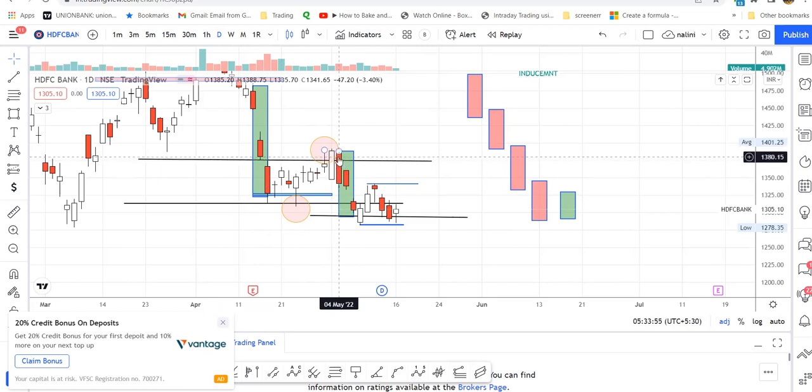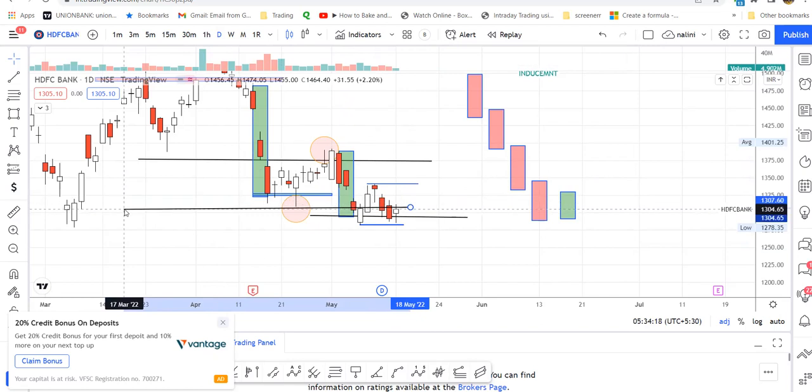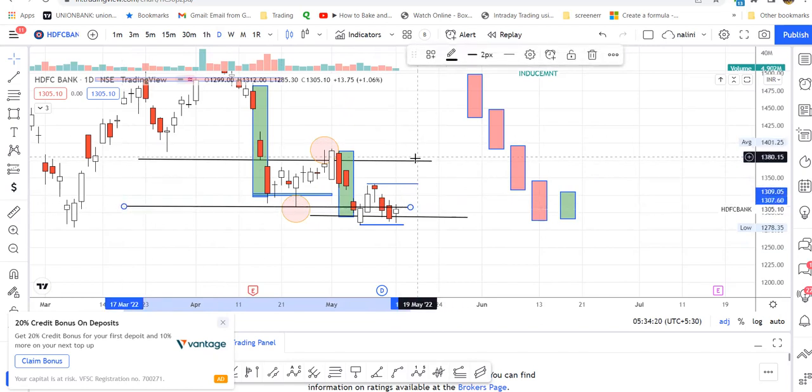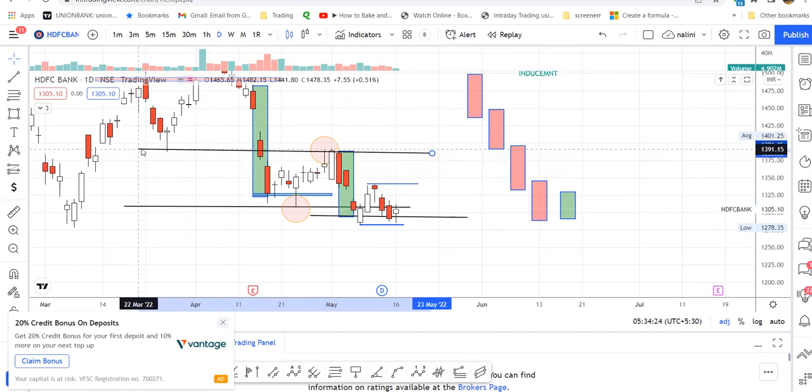So here it started with the red candle, and it ended with the red candle. So it ended with the red candle and this range expansion. We can make out range expansion, and range expansion to the upside.